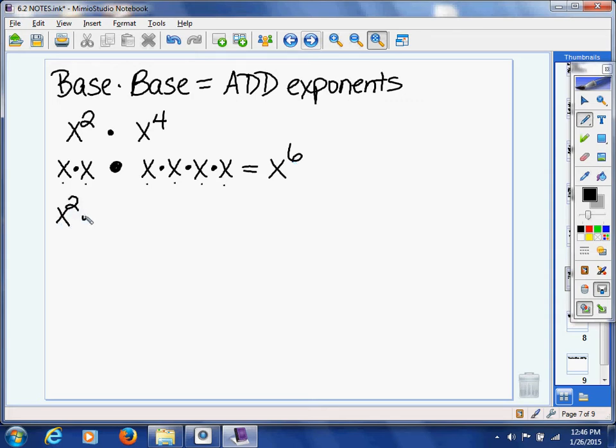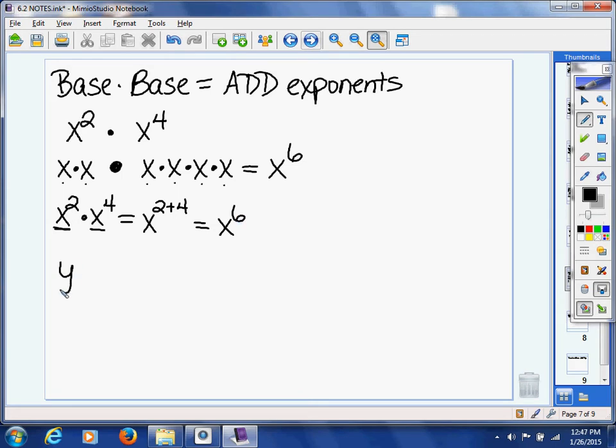X squared times x to the 4th, notice we have the same base. They are both x's. Excellent! Little pun there. We need to use our rule here, base times base. We're going to take those 2 exponents and we're going to add them together, and we're still going to get x to the 6th.